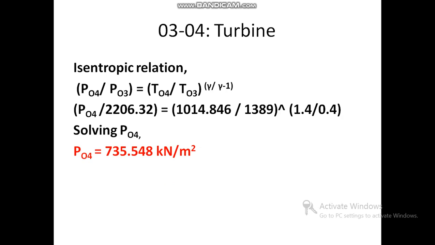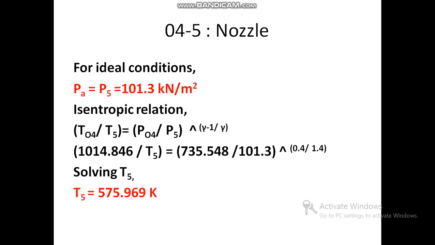As well as by using the isentropic relation, P04 divided by P03 is equal to (T04 by T03) whole power gamma divided by gamma minus 1. Again, substituting the P03, T04 and T03 values and solving for P04, we'll get P04 is equal to 735.548 kilonewton per meter square.